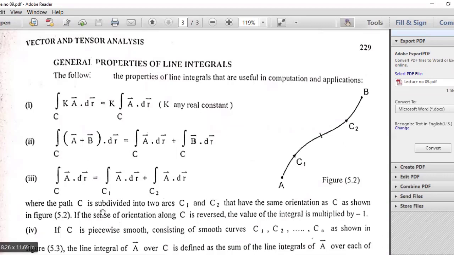The path C is subdivided into C1 and C2 that have the same orientation as C, as shown in the figure. If the sense of the orientation along C is reversed, the value of the integral is multiplied by -1. That is, if we change the direction, C2 down and C1 up, then it is multiplied by -1.